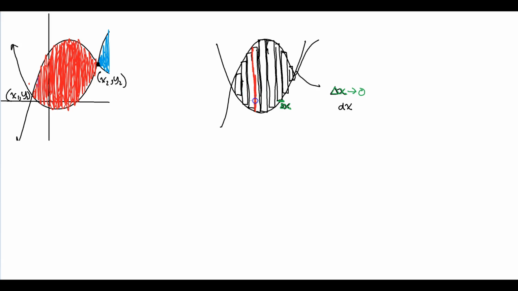The height of the rectangles. So what would be the height? Well, if we redefine this, this curve is f, and this curve is g. So g is our bottom function, and f is our top function. Well, that'll just be the vertical distance from this point to this point. So if this is x, then this is g of x.